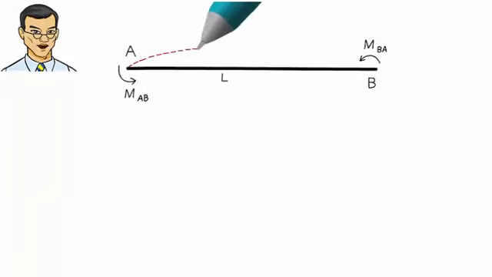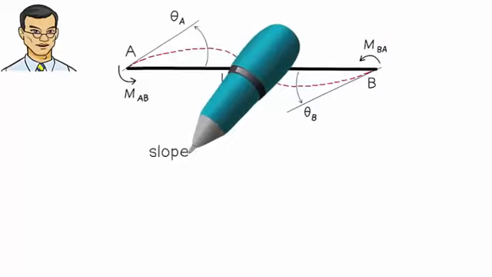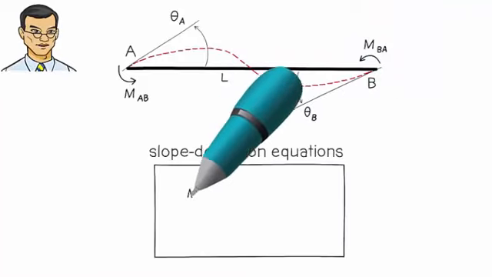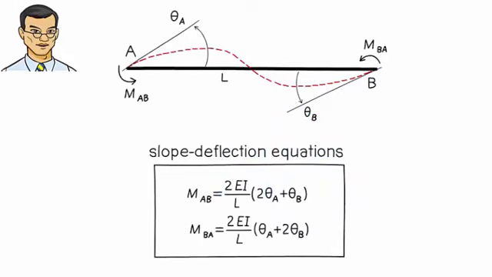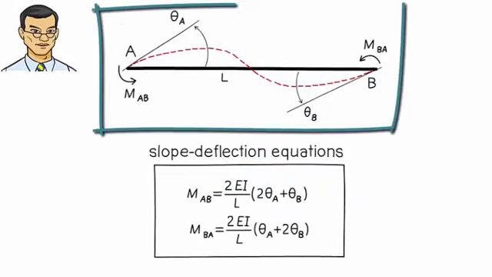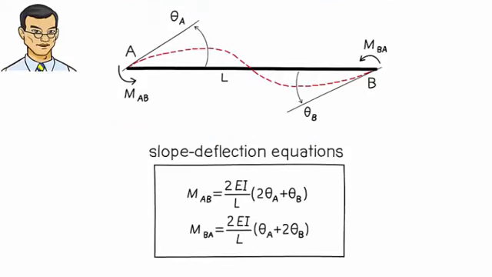Finally, here are the slope-deflection equations for a beam segment that is not subjected to any external loads. These equations follow our sign convention as the rotations and moments are shown in the positive, counterclockwise direction in this diagram. We also need to talk about the case in which the beam segment is subjected to external loads.